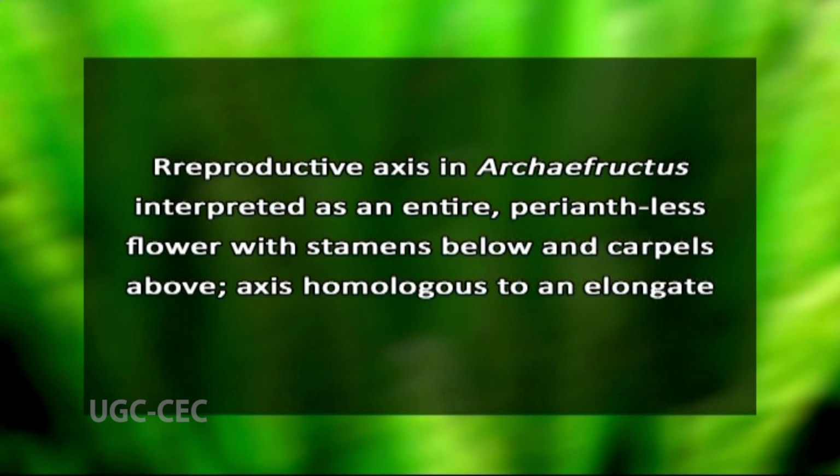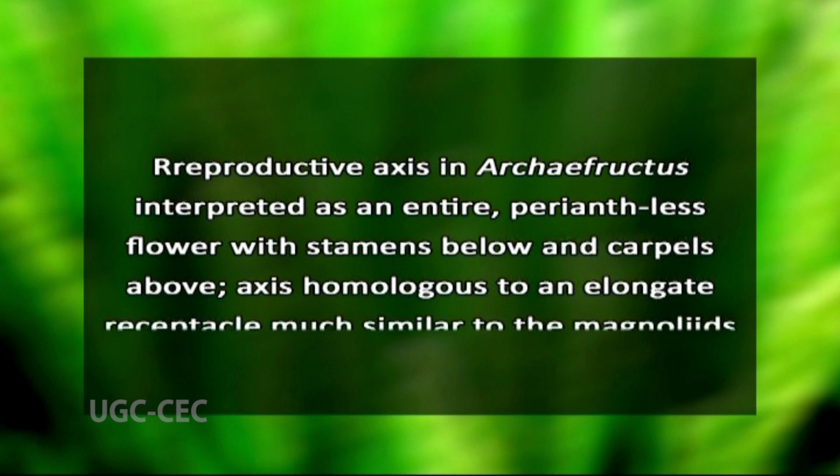The axis is perhaps homologous to an elongate receptacle much similar to the magnoliids. Thus, the reproductive structure in Archaefructus might represent an ancestral flower, or we can say a flower precursor, and therefore this Archaefructus might be sister to all the present-day Angiosperms.